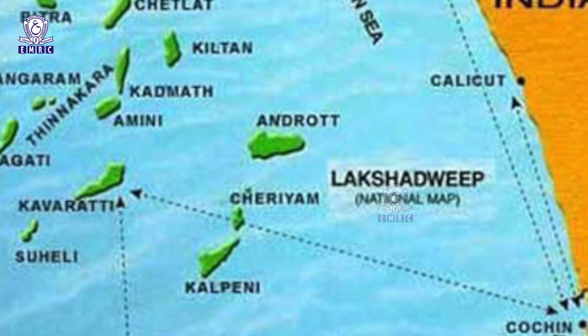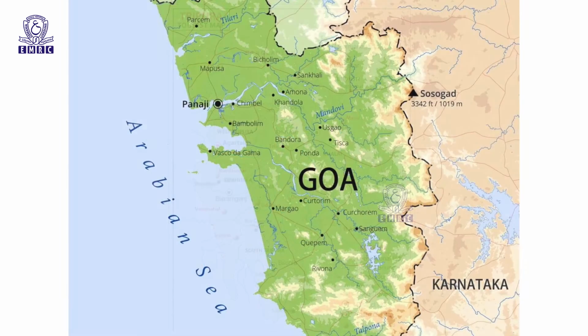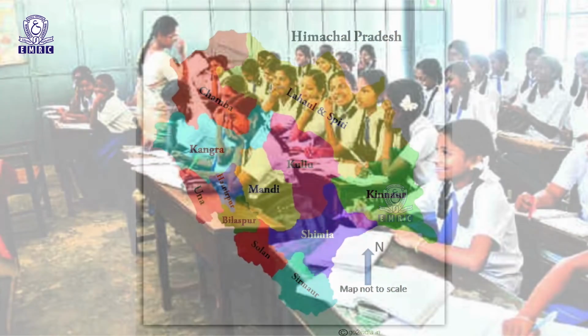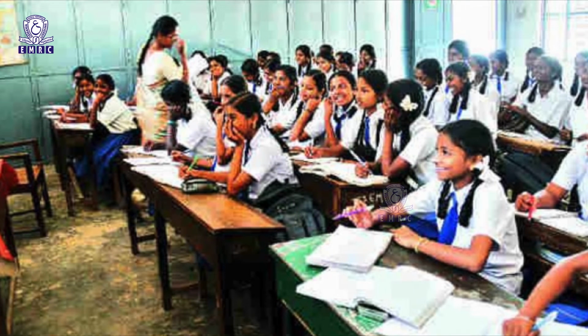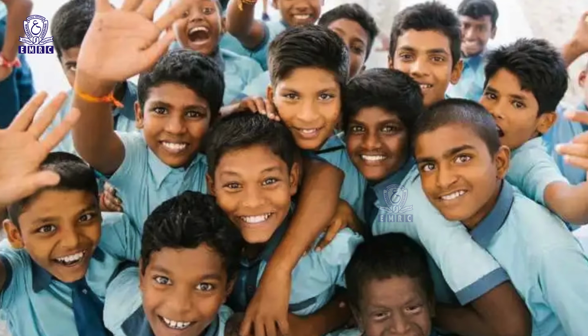In 2011, the state of Kerala had the highest literacy rate, followed by Lakshadweep, Mizoram, Tripura, Goa, and Himachal Pradesh. The lowest literacy rate is in Bihar at 61.8%, followed by Arunachal Pradesh. The states of Bihar and Uttar Pradesh have significantly low male literacy rates when compared to the national male average of 82.1%.